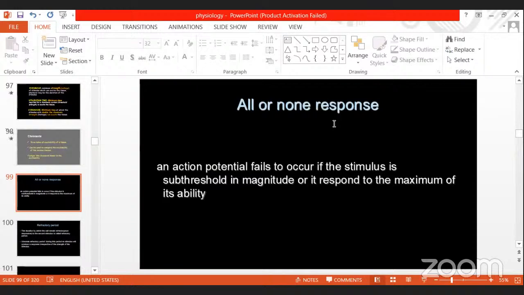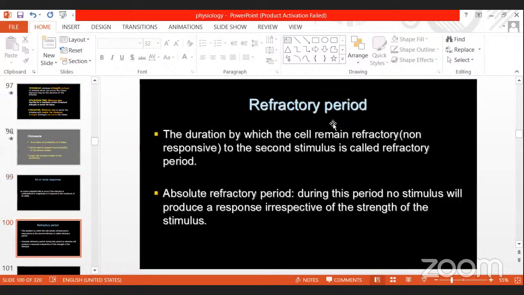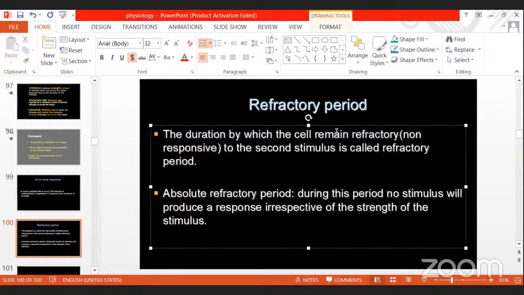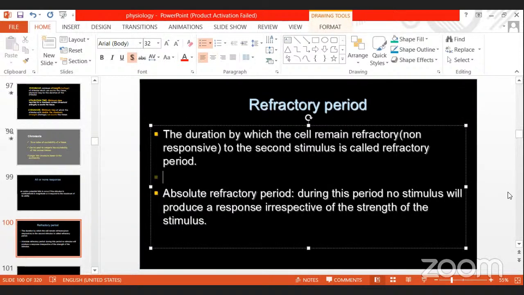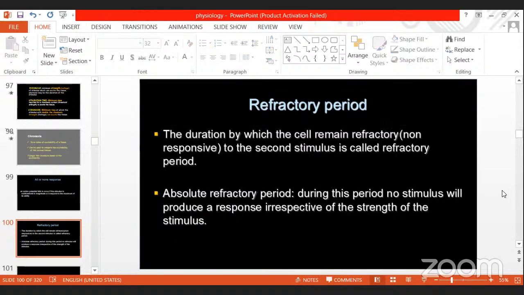All or none response shows that an action potential fails to occur if the stimulus is subthreshold in magnitude, or it responds to the maximum. If we are giving a threshold stimulus, it will give its maximum. Refractory period is the duration by which the cell remains refractory or non-responsive to a second stimulus. There is an absolute refractory period.